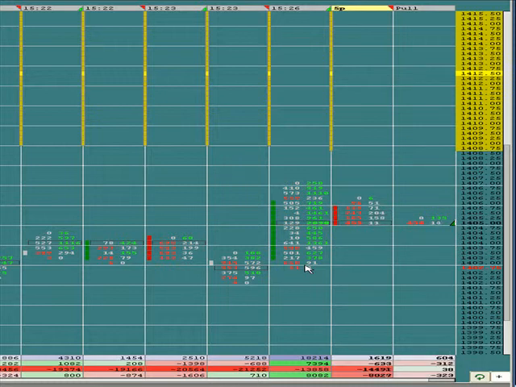That is where we'll exit on the second contract, and we will put our stop on this trade, since it's an asymmetrical trade, below our entry at 1403. We'll put it a point below our entry so that if we get stopped out, it's a break-even trade.